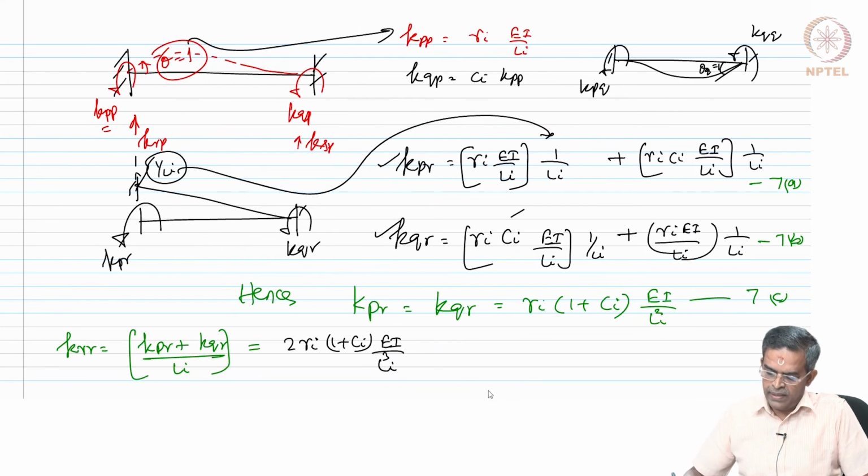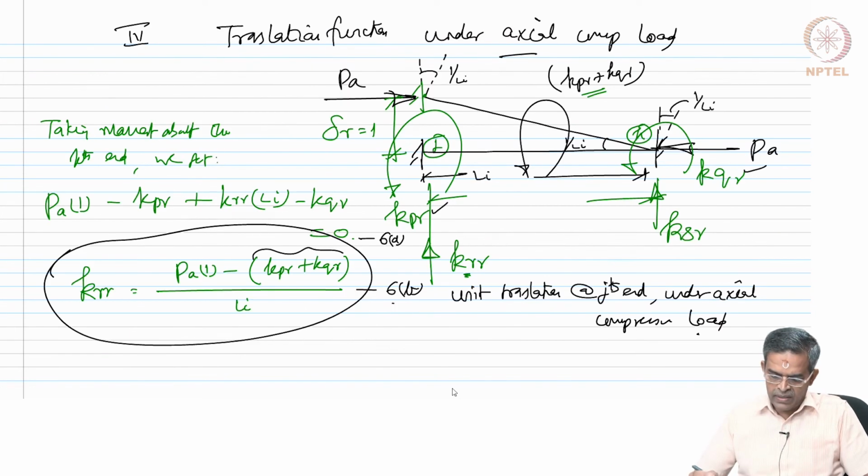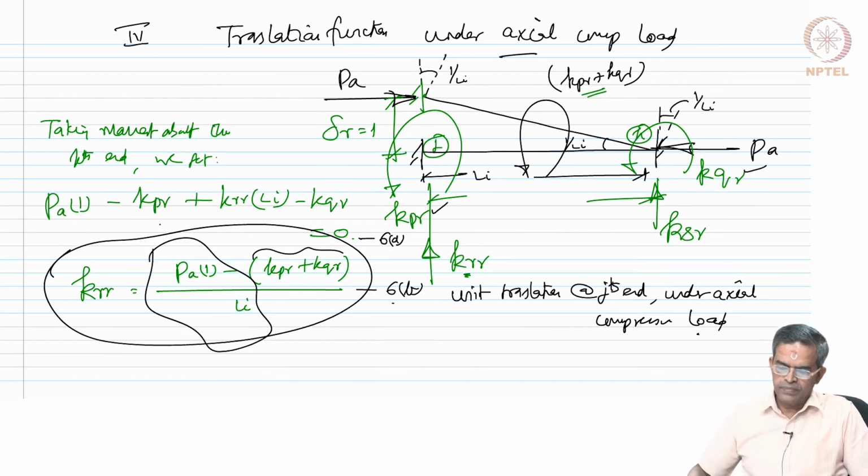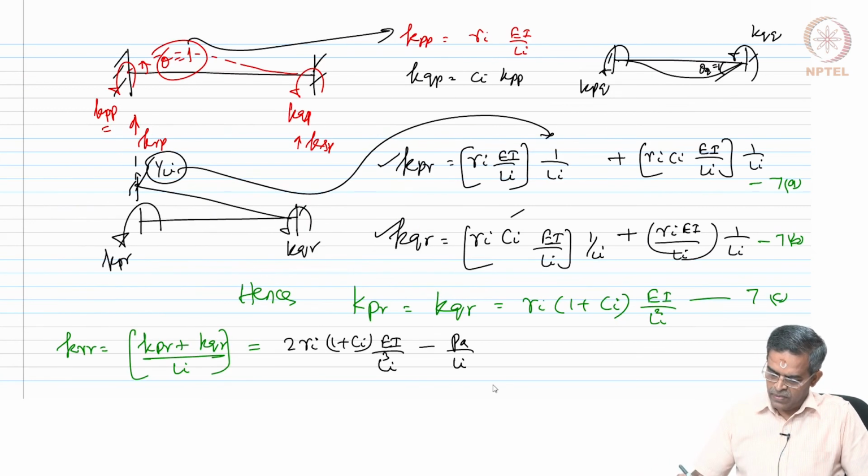So, can I say that KRR is replaced as minus PA by Li? This factor is coming here. Okay, and we also know this will be negative of KR. So, can I say this as minus KSR?